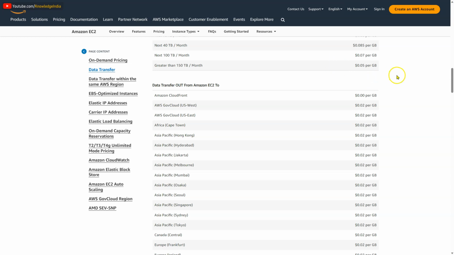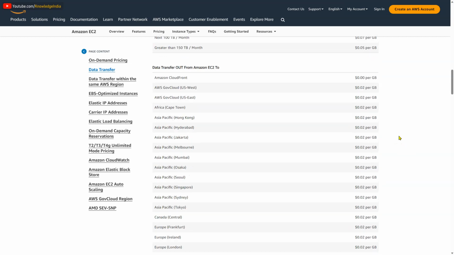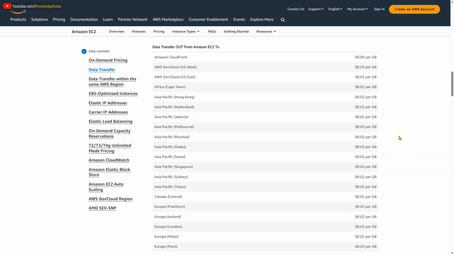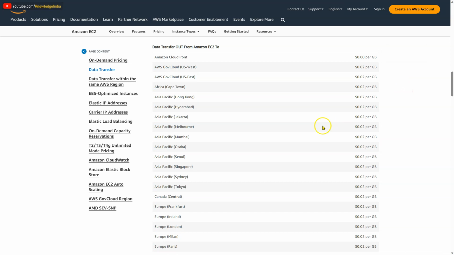If it is directly going out to the internet, we have understood the charges here. But let's say you are making use of CloudFront. What happens is when the traffic goes from your EC2 instance to CloudFront, the charges would be zero. There's no charge for traffic flowing from your EC2 instance to CloudFront.